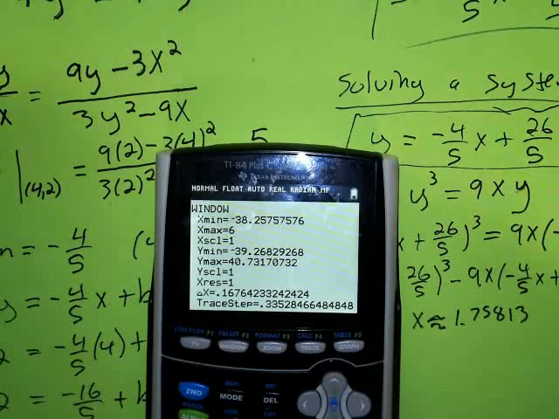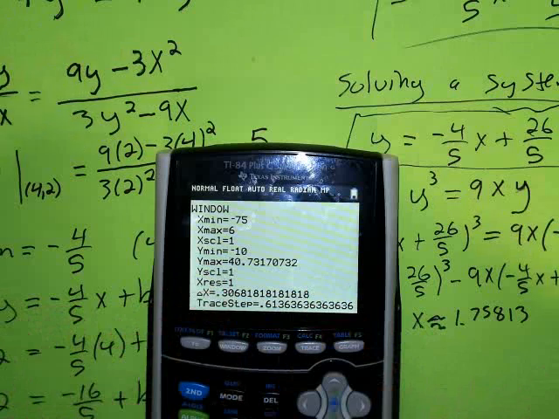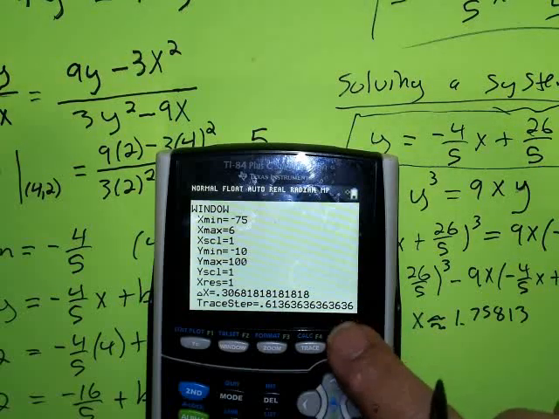So I'm going to go to maybe negative 75 or something, to 6. Then the y min, I don't need to go too far below the axis, so I'm going to go to negative 10. But I do think this is going up higher, so maybe I'll go up to 100 or something. Let's see what this does.